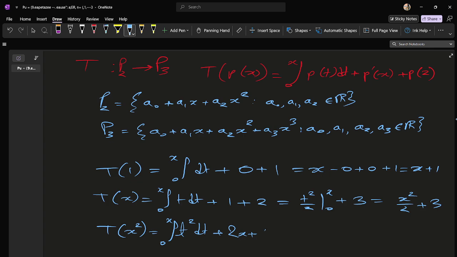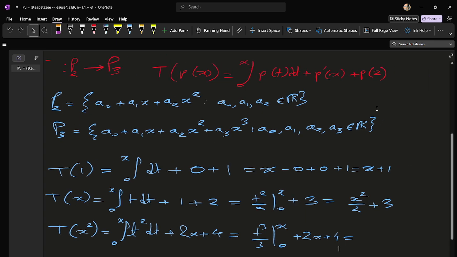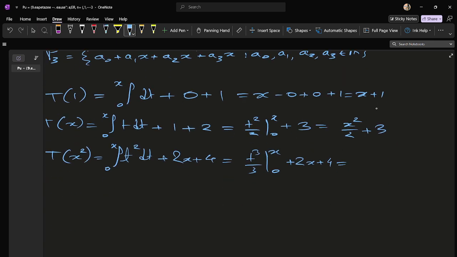So P2 is 4. So I have got t cube by 3 from 0 to x plus 2x plus 4. So that will be x cube by 3 plus 2x plus 4.